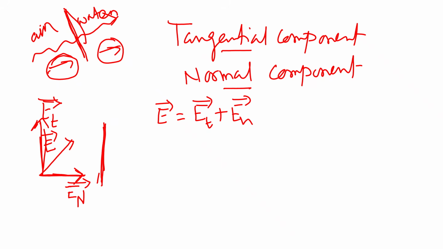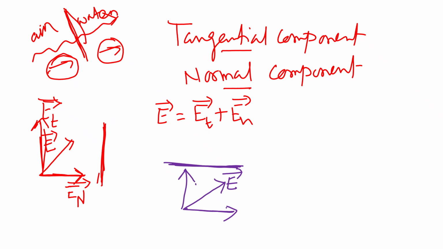Now again, let us say the surface orientation has changed, like this is the orientation of the surface, and my electric field is again like this. So again I can divide it into two components, horizontal and vertical.